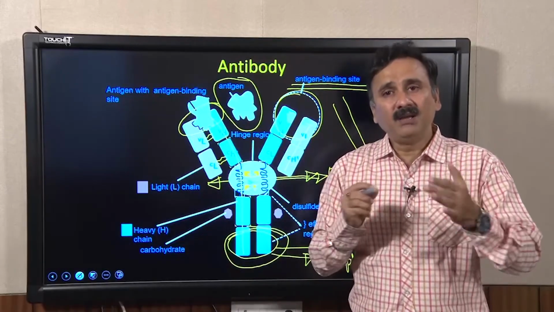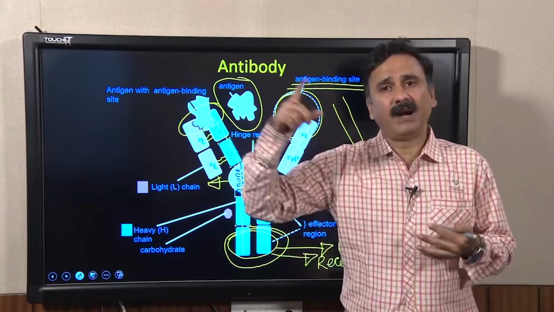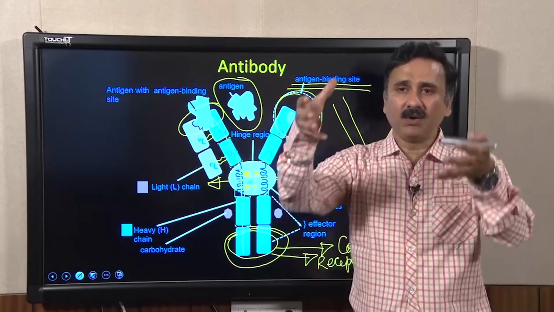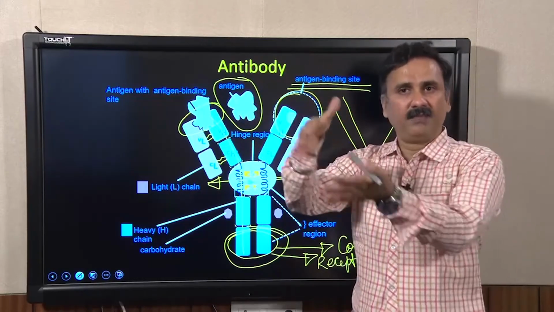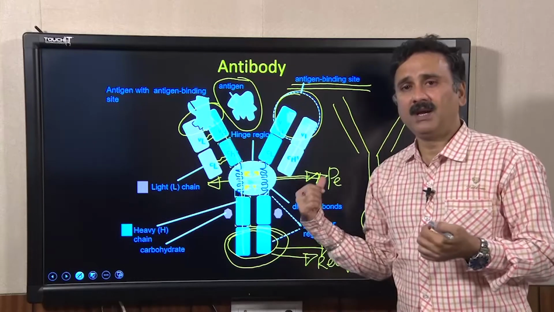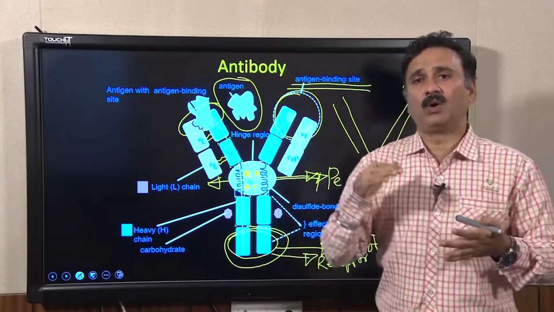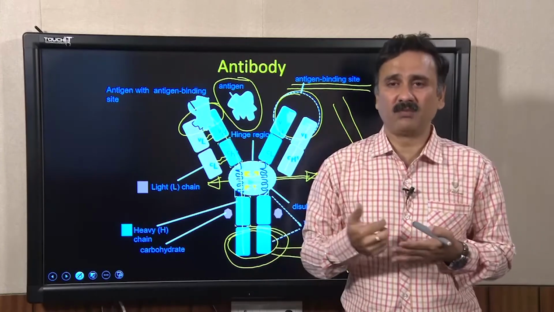That is how the antibodies circulating in the blood bind to the antigen, bring the antigen bound antibodies to the receptor, and activate those cells for causing a more robust immune response.